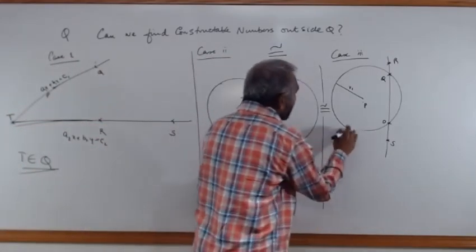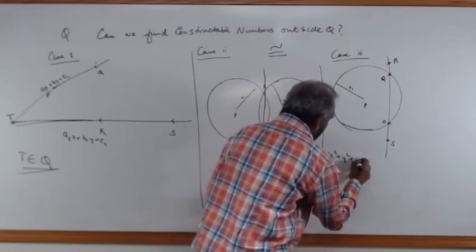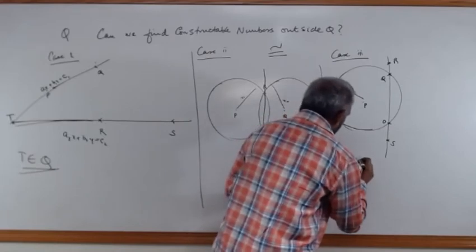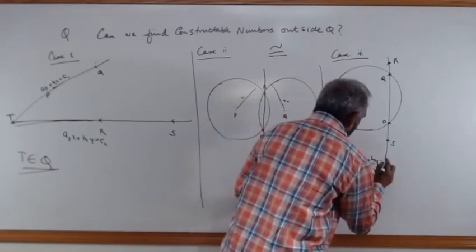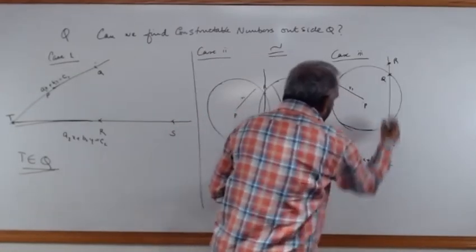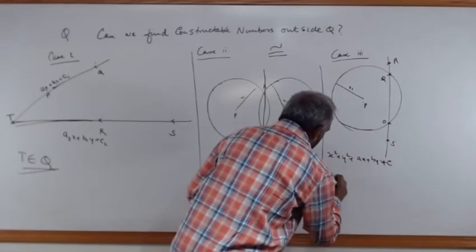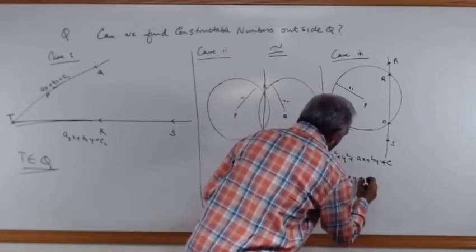Here, the general equation of a circle is x square plus y square plus ax plus by plus c equal to 0. And this one you can take it as px plus qy plus r is equal to 0.